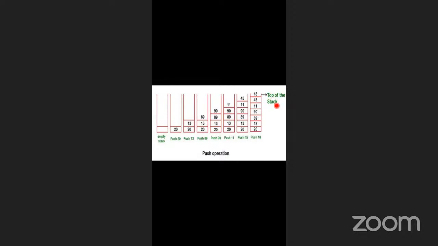This is the push operation. Push means first 20, then 13, 89, 90, 11, 45 and 18. Push means inserting elements into the stack.